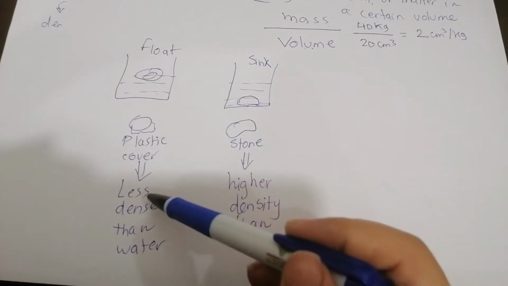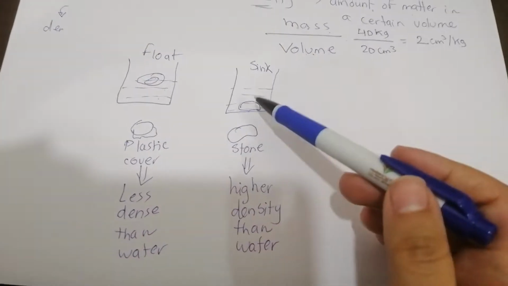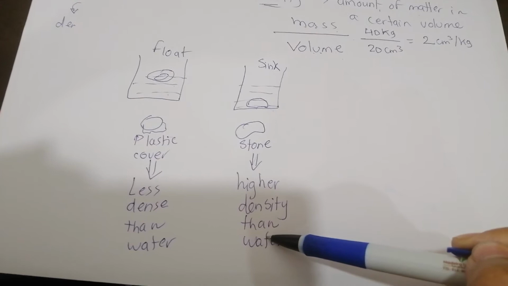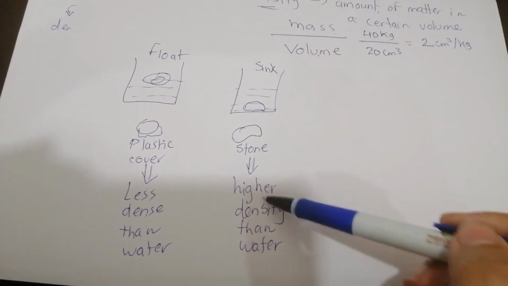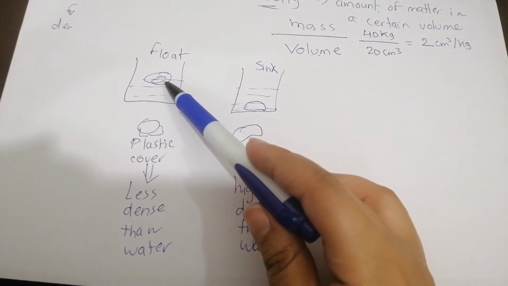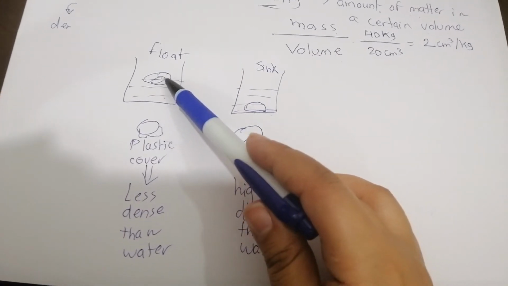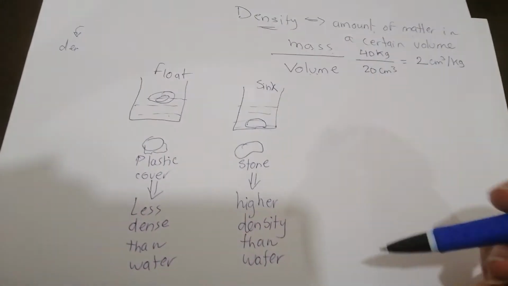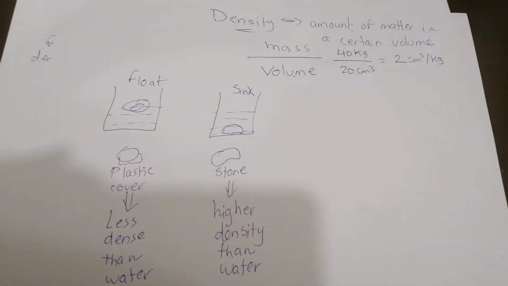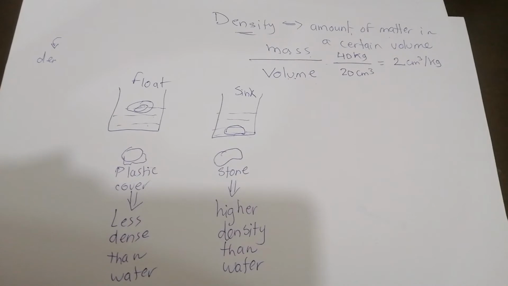Because the plastic cover has less density than the water, and the stone has higher density than the water. So the higher density object will sink, and the lower density object, whose density is less than the water, will float. This is the density.